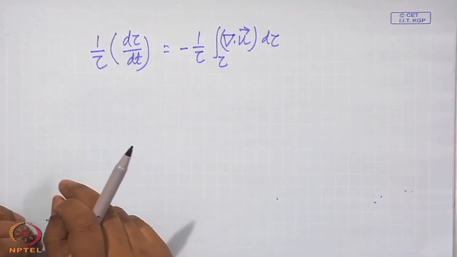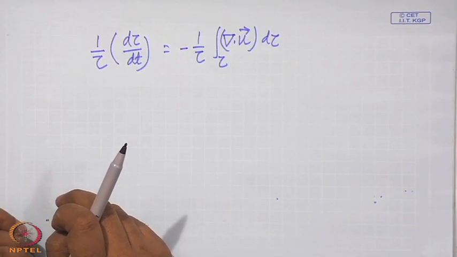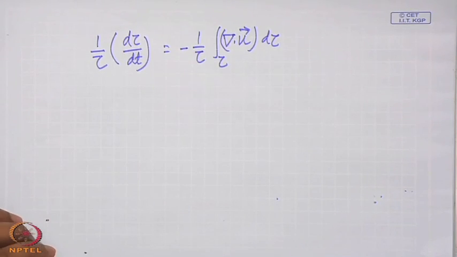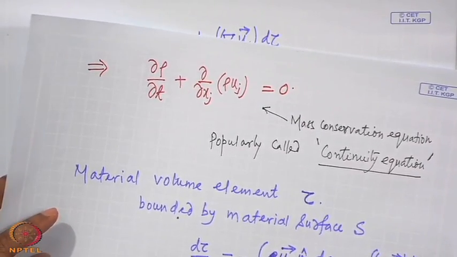And sorry, will this minus be here? It will be plus, because if the surface moves outward, its volume will increase. So, this is no minus, plus.